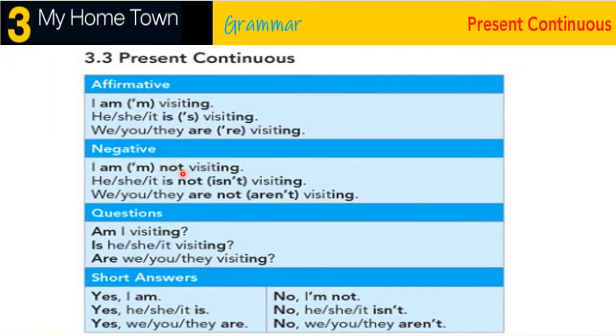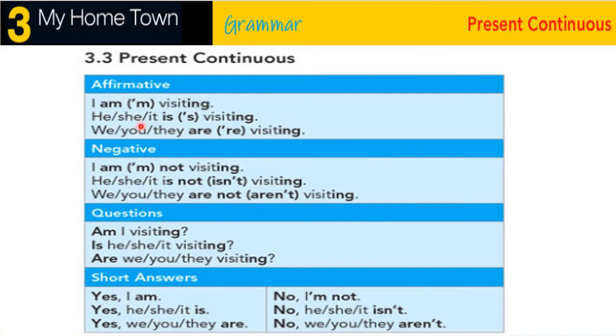Now let's read the grammar reference on page 163. So open your student book to page 163 and let's read the grammar reference together. The present continuous, the affirmative form: I am, or the contraction I'm visiting, he is visiting, she is visiting, it is visiting, we are visiting, you are visiting, they are visiting.